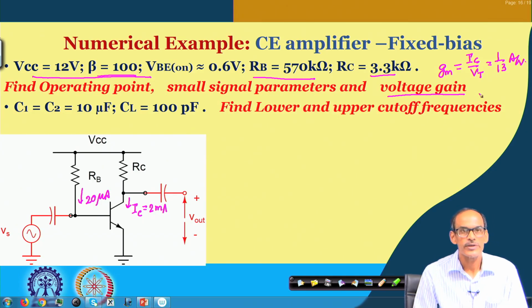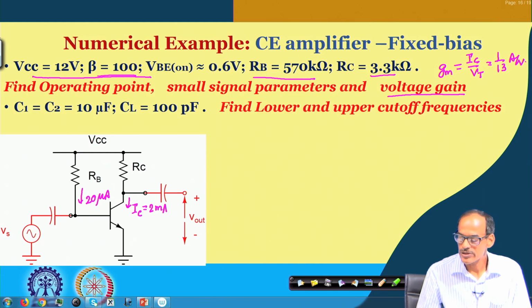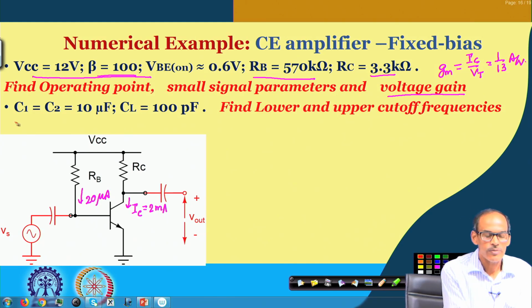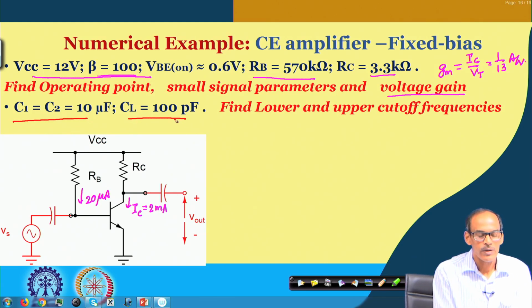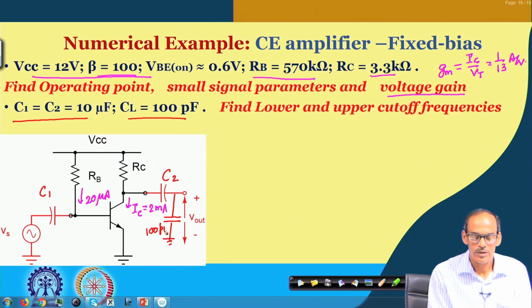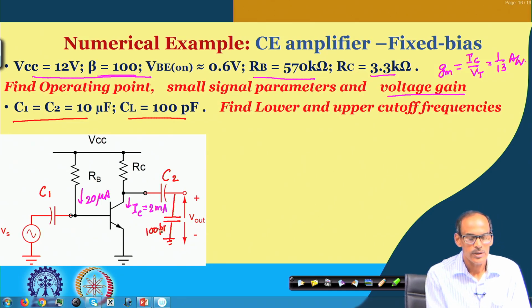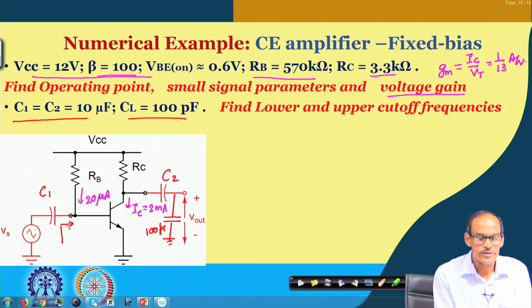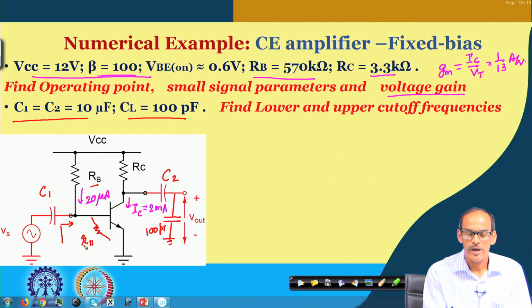Now, similar to the previous example, here we do have this additional information. So, C1 and C2 are given to us as say 10 microfarad, and we do have the CL here, which is 100 picofarad, and then the input resistance of this circuit is RB in parallel with R pi.